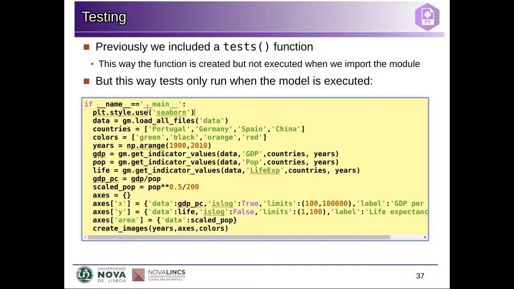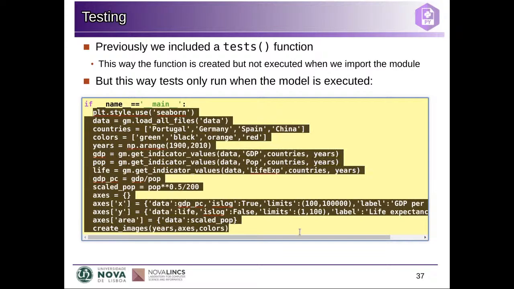If it's the module that was imported and it's being executed because it was imported, then the name will be the name of the module, the name of the file where the module is stored. So if you do something like this at the end of your module, if the name is equal to main, then the code that you put inside this block will only be executed if you are executing this particular file as the main module.